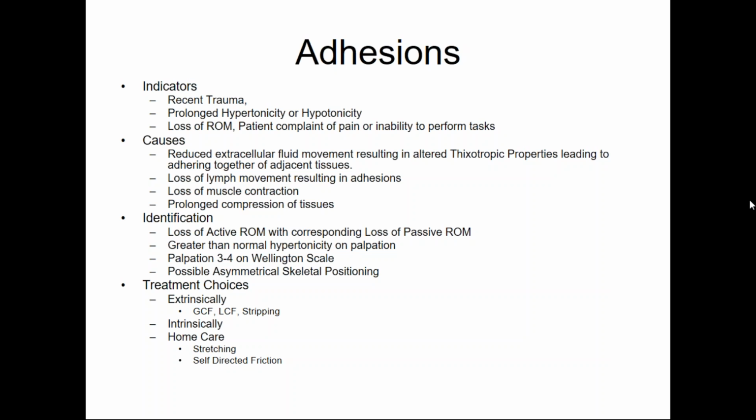Does that help to clarify for you? The big thing to remember is stripping is the entire length of the muscle fiber, whereas general cross-fibering is more done with the border, the edge of your thumb, your thenar eminence, and down into the tissues.